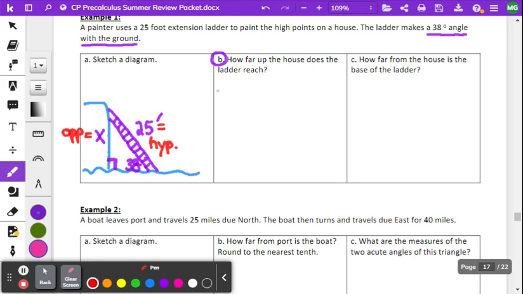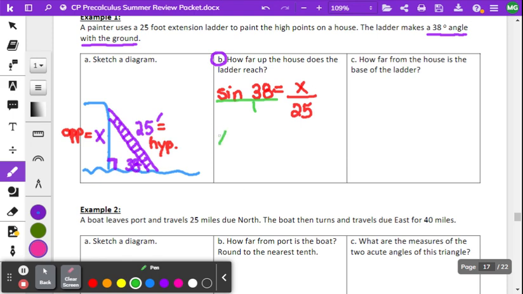And so we're going to write ourselves a trig ratio that the sine of 38 degrees equals opposite, which we don't know, over hypotenuse, which is 25. And of course, in order to solve any problem like this, we cross multiply. You might think of it as cross multiplying or multiplying by 25.